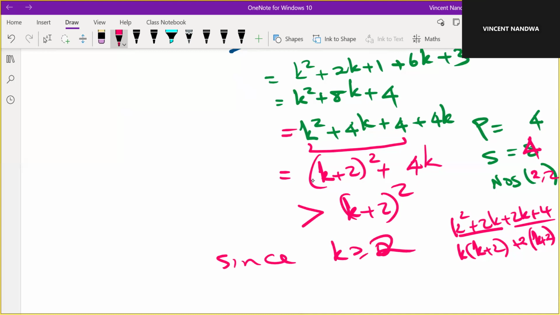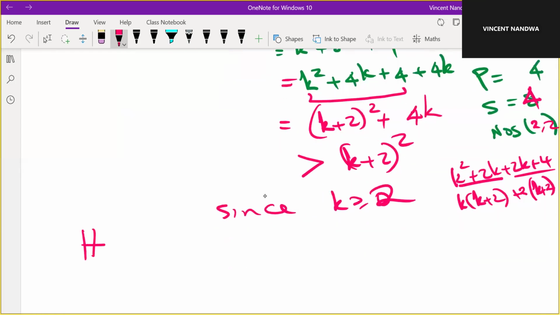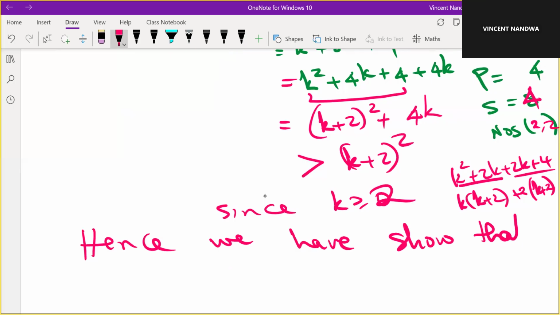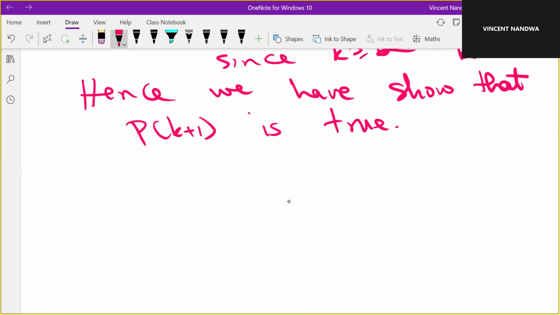Okay? So therefore, hence, we have shown that P(k plus 1) is true. So therefore, by the principle of mathematical induction, the result is true. Okay?